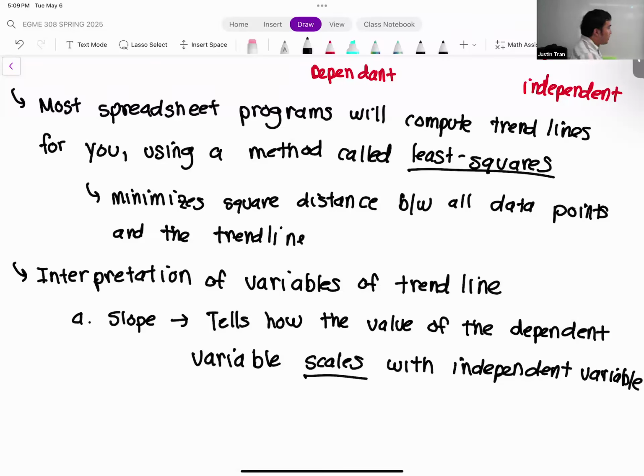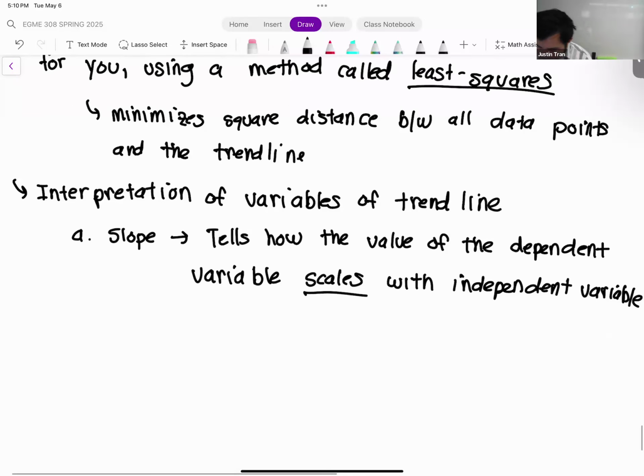Okay. So the term that I like to use a lot is scaling. And so oftentimes, when you have a value of the independent variable, you can multiply by the slope to see how that independent variable value is going to scale to the value of the dependent variable. Okay, and then the y-intercept. Y-intercept is actually very interesting.